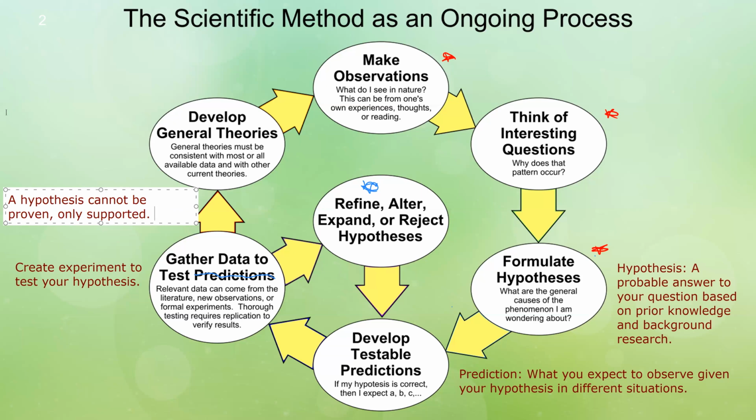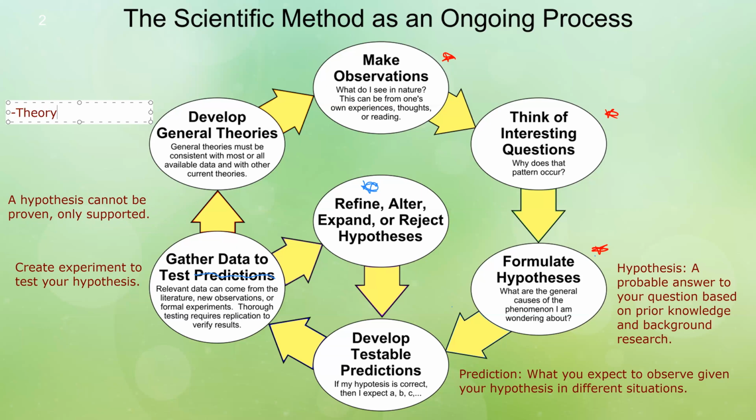Now, this last part here, develop general theories. So I'm looking over here at this last circle. So a lot of people confuse theory with hypothesis. Okay, you'll hear people say like, oh, I have a theory about why that happened. Well, that's not a theory, that is a hypothesis.